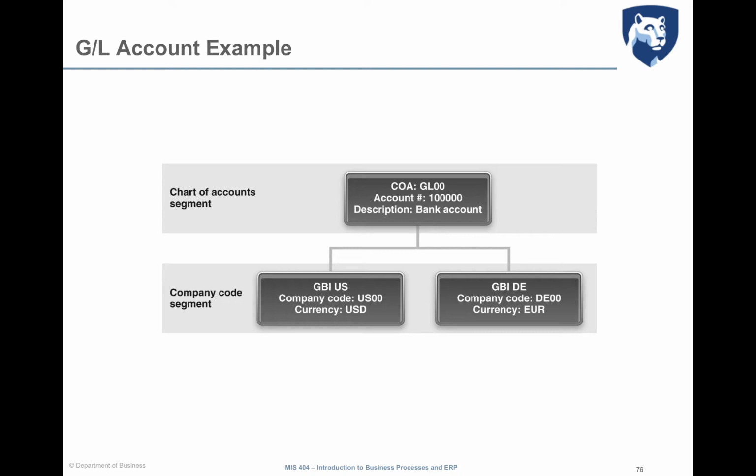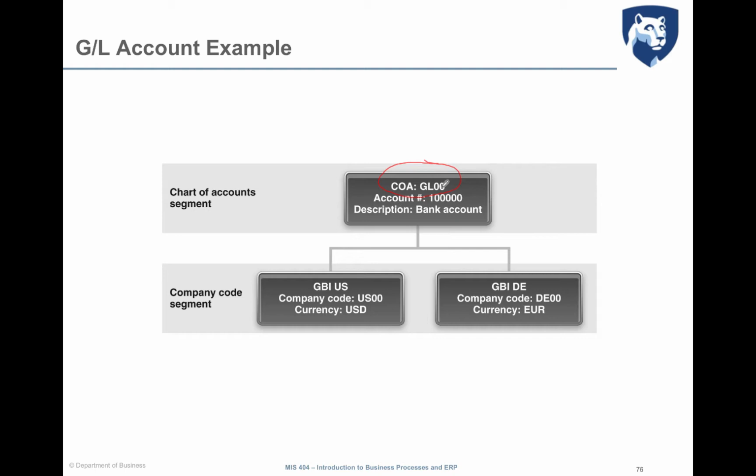For example, let's consider GBI. GBI has created a custom chart of accounts named GL00, which is used as the operative chart of accounts for all the companies in its enterprise.